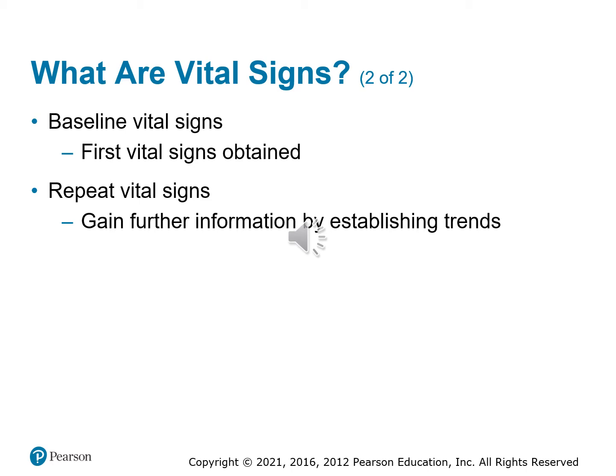As you gather new vital signs, you need to take into consideration what that baseline was to determine: are things changing for the better, or for the worse? It'll help you gather information about the condition of the patient, and whether you should change your treatment process. So it is important to continuously get these vital signs throughout the call. Like we said, it's going to depend on the patient's condition.